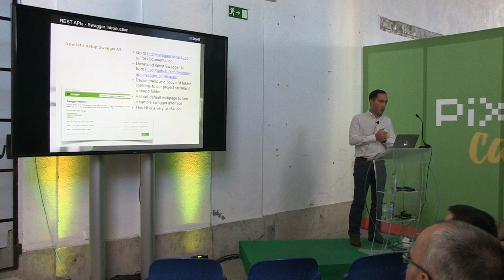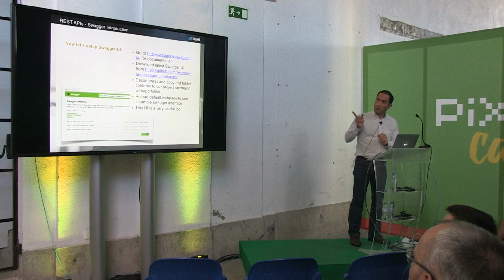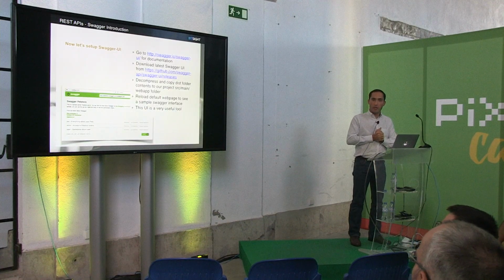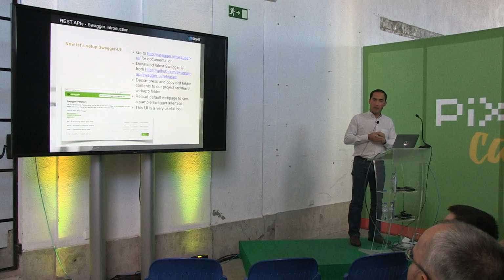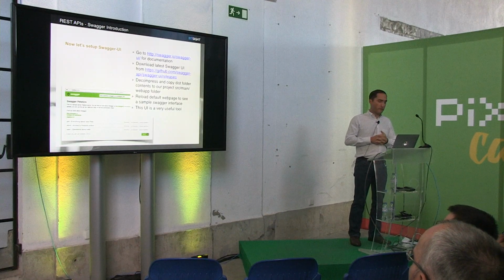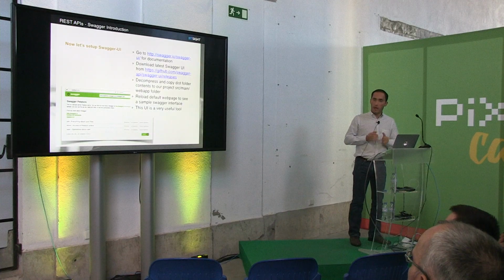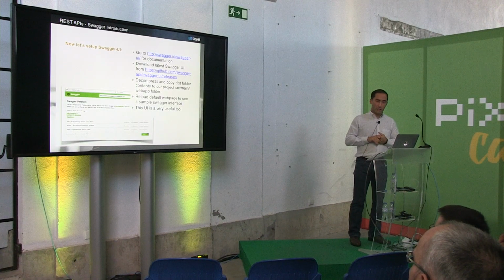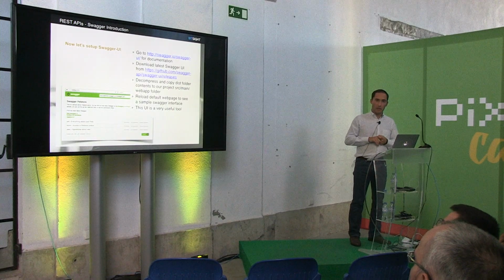So if you change the URL on the Swagger UI to point to your YAML file, you will have an on-the-fly generated web page with all your methods and examples on how to use them, and we'll see this as an example at the end.